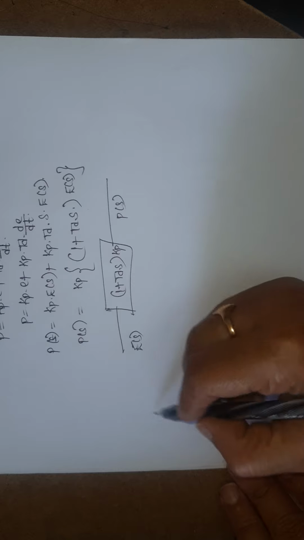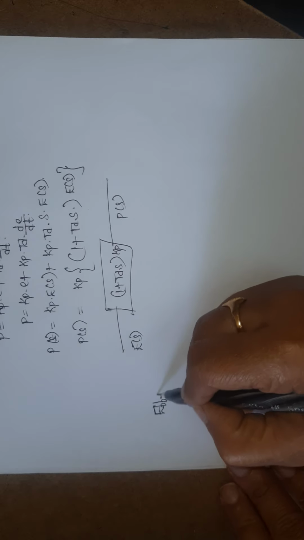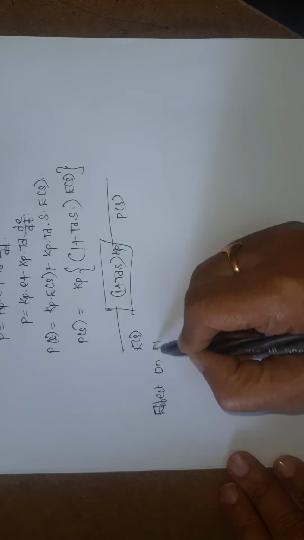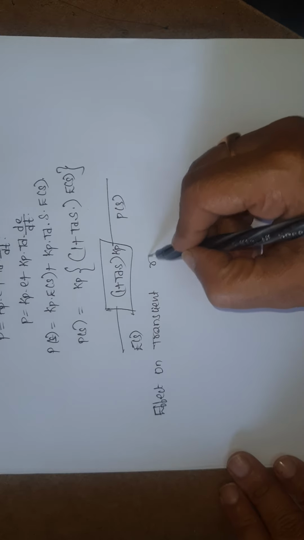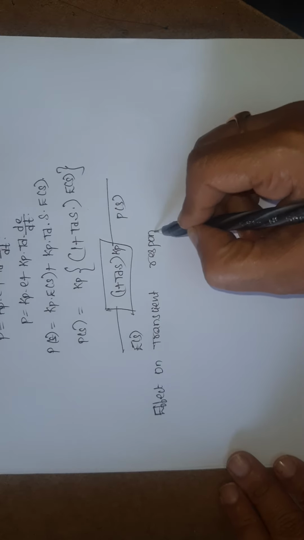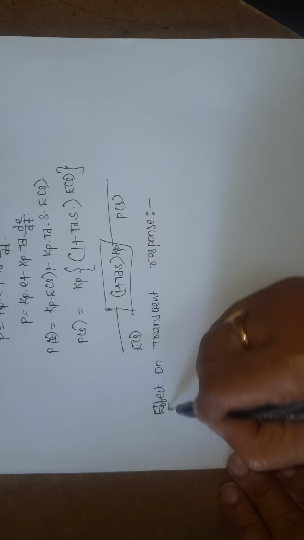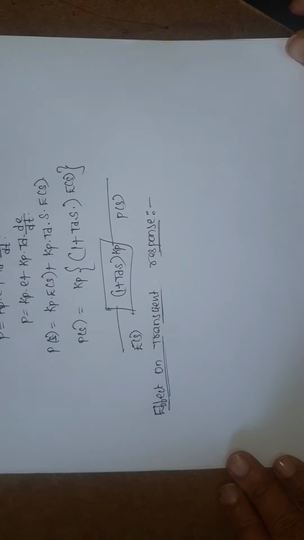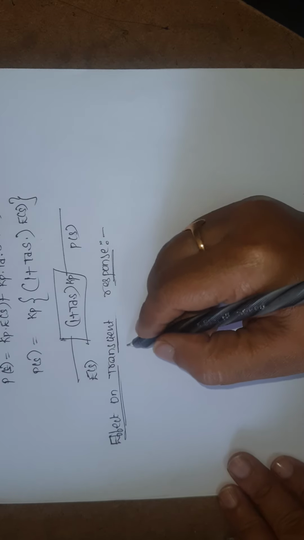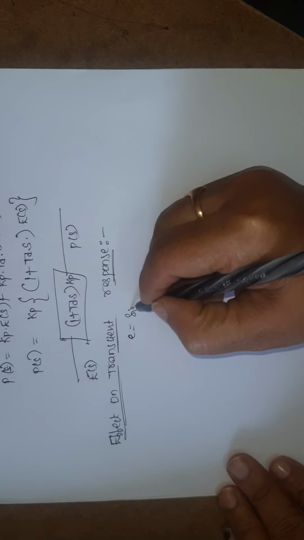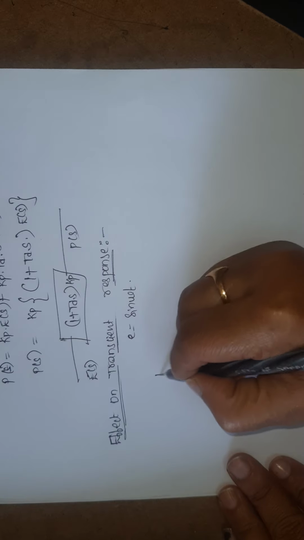what is the effect on transient response? It will be analyzed by considering the error signal as a sinusoidal signal. Okay, so I am considering the sine signal. E is equal to sine omega t.